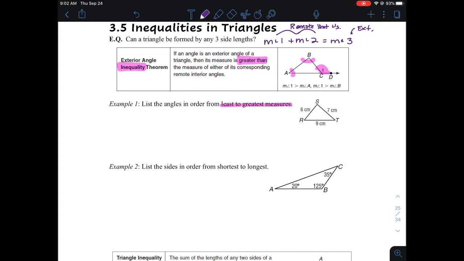So if I have a side, I look at my smallest sides, okay? 6 is my smallest side. So the angle that is the smallest is going to be across from that. So the one that's opposite it. So angle T is going to be the smallest.